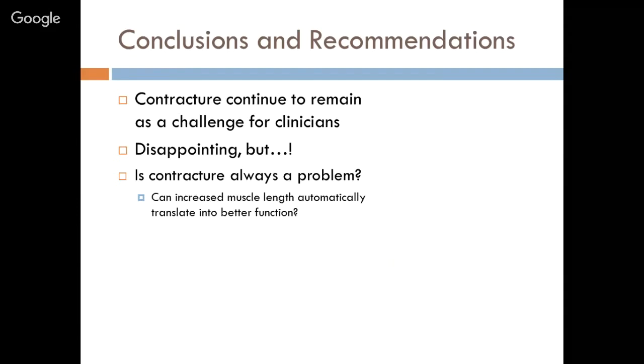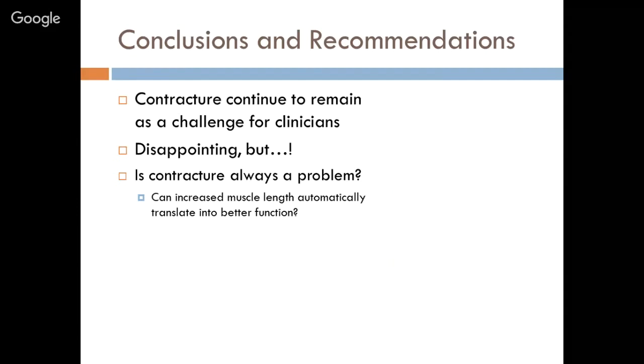So at times, contracture or increased stiffness may be advantageous, and maybe we shouldn't be trying to release it. For example, in a patient with spinal cord injury, the increased passive stiffness at the ankle can often help patients in standing. So we have to look into this. I'm not saying it helps every time, but we have to determine whether the reduction in range of motion or increase in stiffness is actually affecting function.